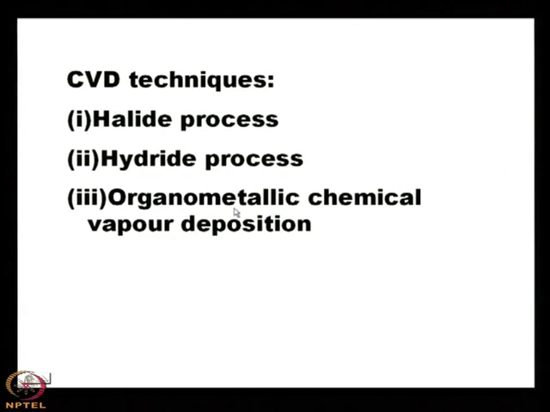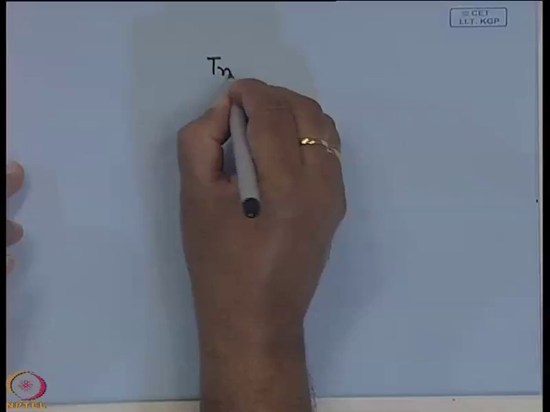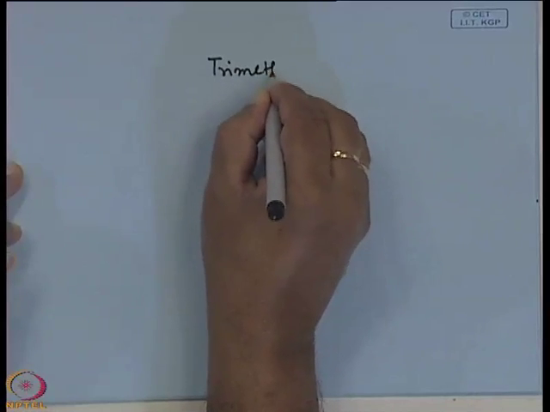or organometallic chemical vapor deposition, that means chemical deposition from organometallic sources. Organometallic sources means the source containing some organometallic compounds. Organometallic means it is an organic compound of some metal, say gallium, like this, trimethyl gallium.